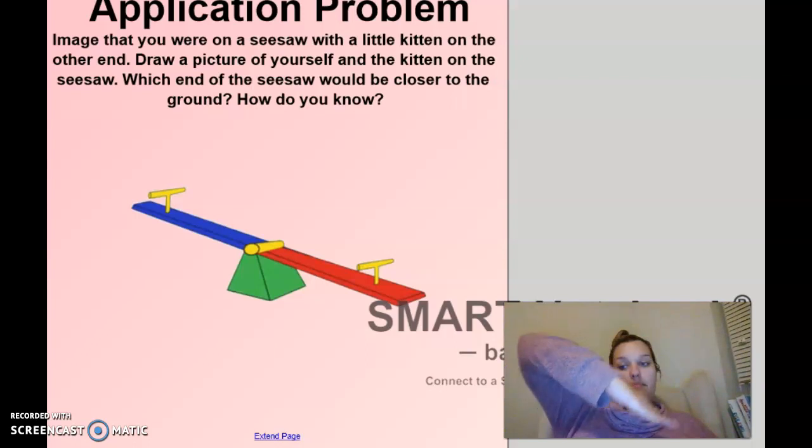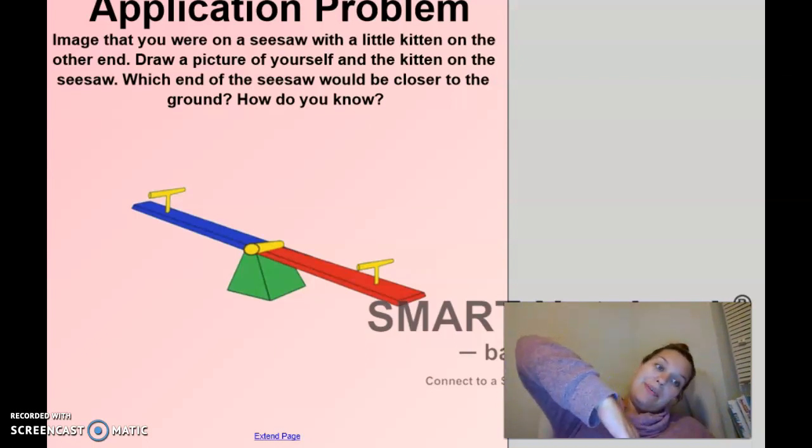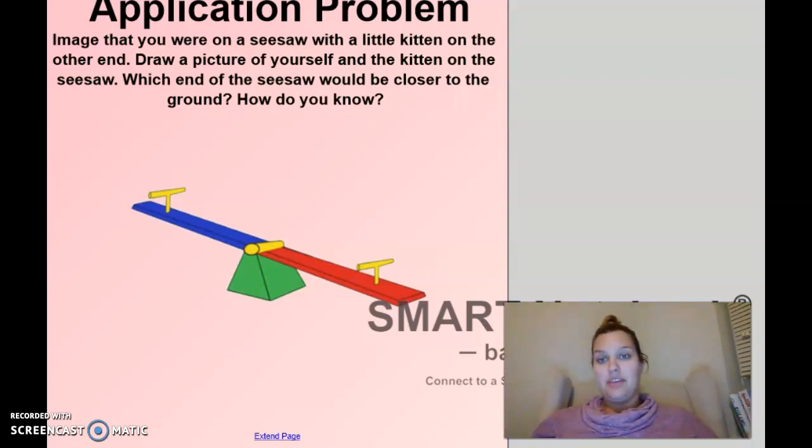You would be doing the balancing and the back and forth because the kitten is lighter. There's no way the kitten can lift you up when it's down here. So you have to push your weight back down. Okay? Keep that in mind when we're talking about our balance today, okay?